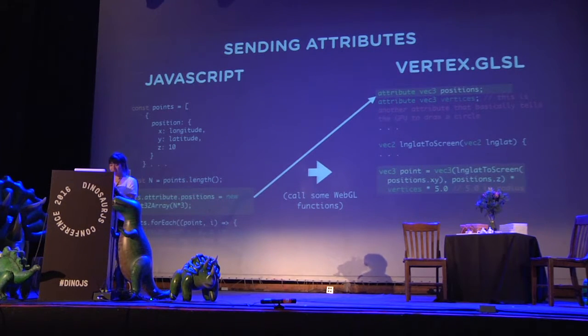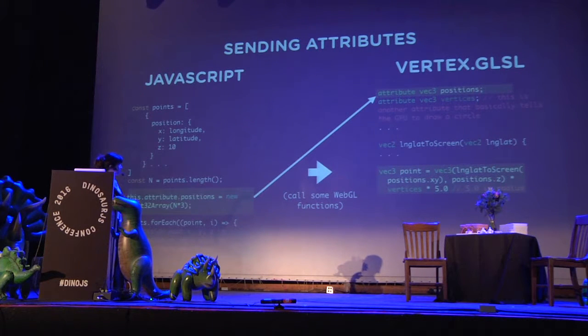So when we send vertices, when we send points and data for the GPU to process, we have to be really specific about what we send. This is a very reduced version of what's happening in JavaScript and the vertex shader. On the JavaScript side on the left, we're taking that array of positions, an array of objects, and turning it into a flat array of floats.